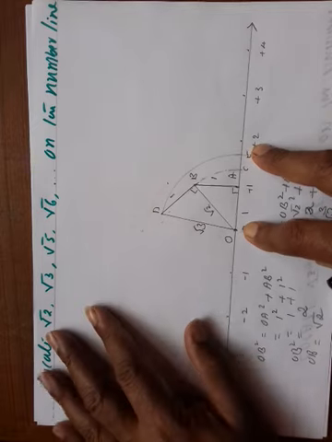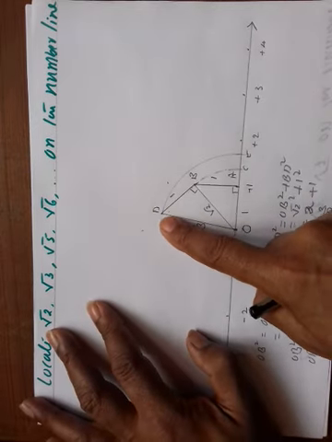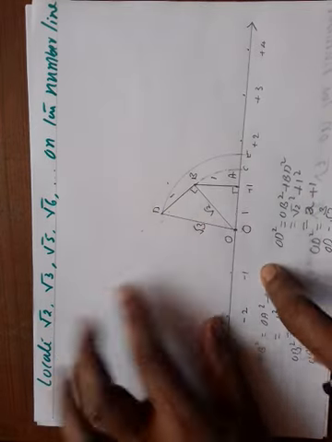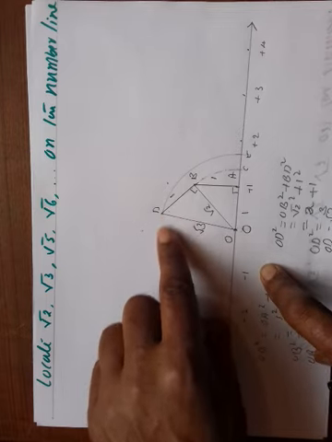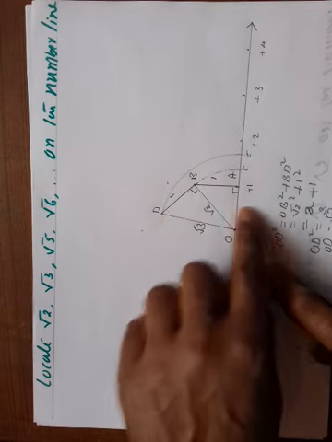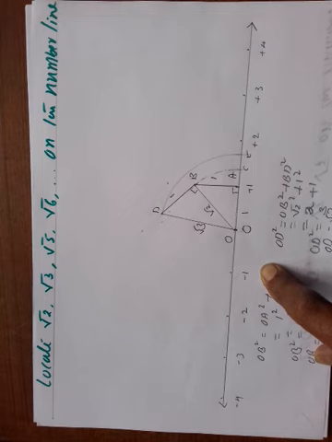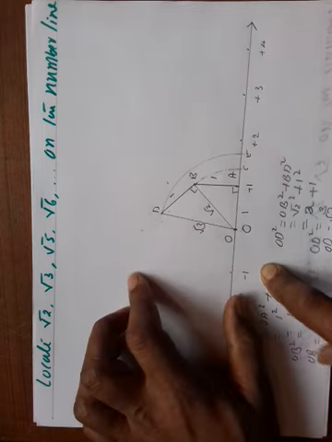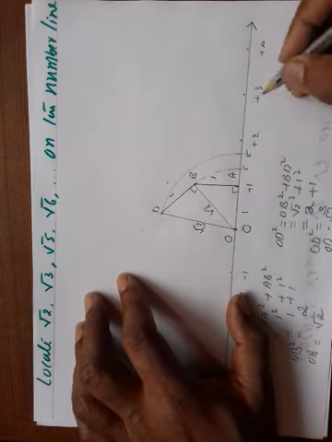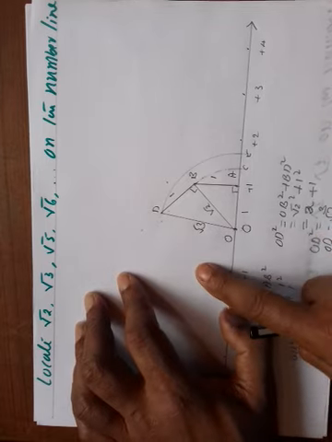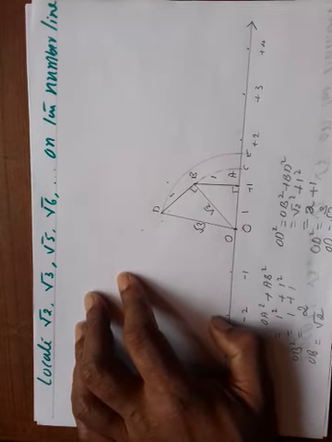Similarly, you can continue by constructing perpendicular to the line. You can continue the process. You can locate root 4. Root 4 is not an irrational number, but next you will get root 4. After that you will get root 5.